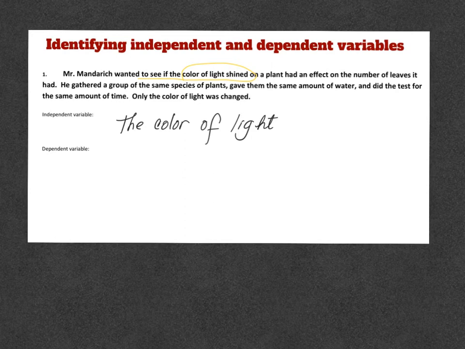He's going to observe the dependent one. What is the dependent one? The number of leaves. Because you're recording that.